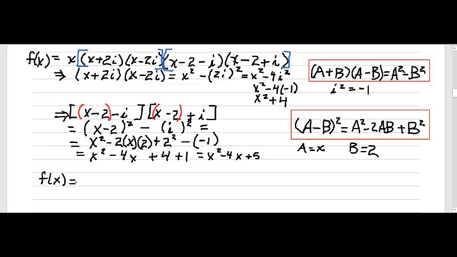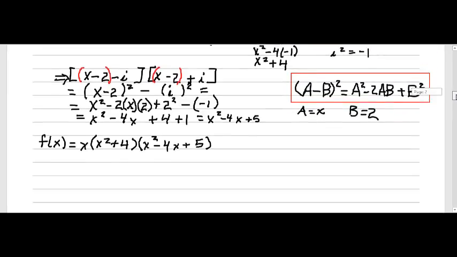So f of x is x times, so that first product, x plus 2i times x minus 2i, remember that was x squared plus 4. And then the second product, remember that came out to be x squared minus 4x plus 5. So now I've simplified this somewhat.